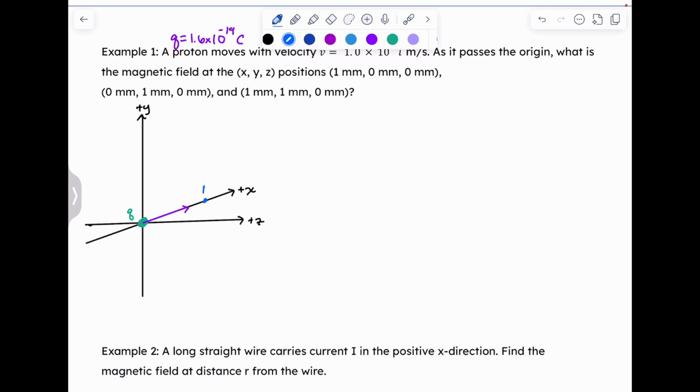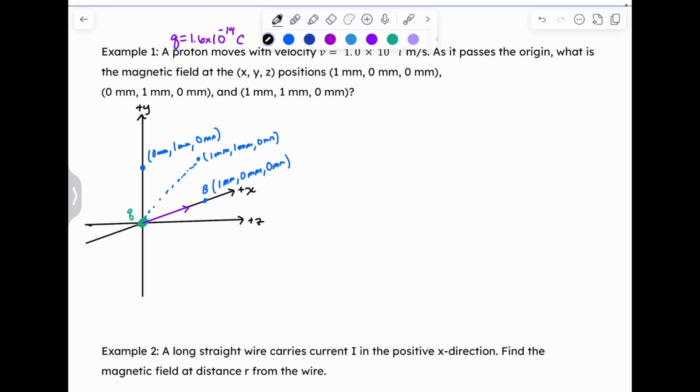I want to find B here at 1 millimeter, 0, 0. I want to find B here, 0, 1 millimeter, 0. And then here, in the xy plane, 1 millimeter, 1 millimeter, 0.